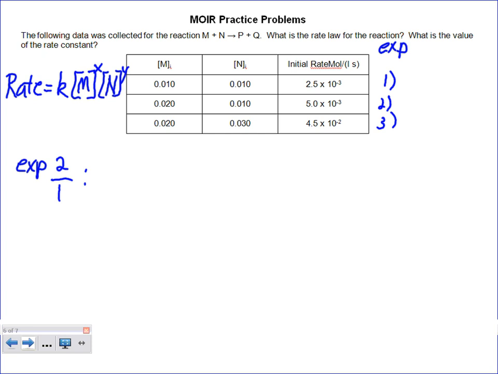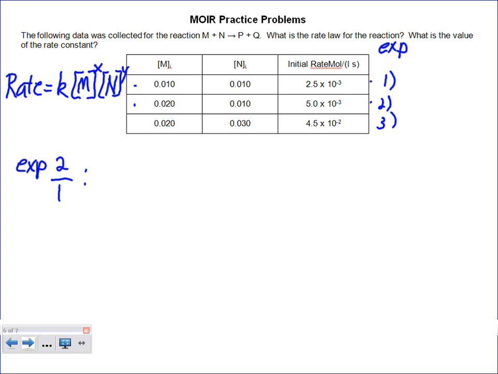For experiment number 2, 5 times 10 to the negative third is bigger than 2.5 times 10 to the negative third, as 0.02 is bigger than 0.01. So it makes more sense to put 2 on top of 1.